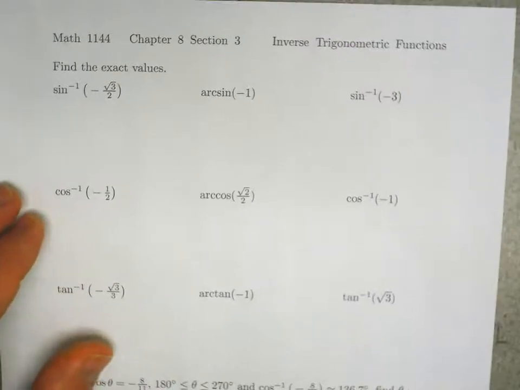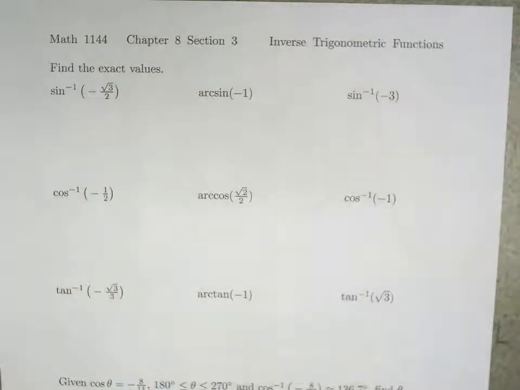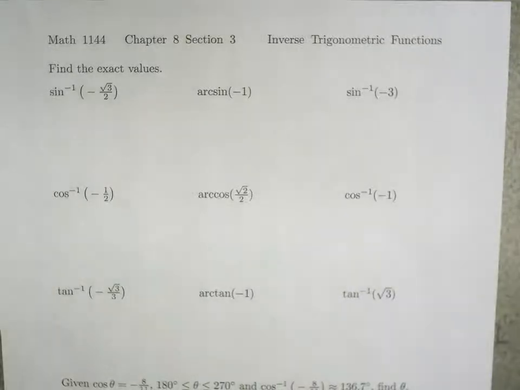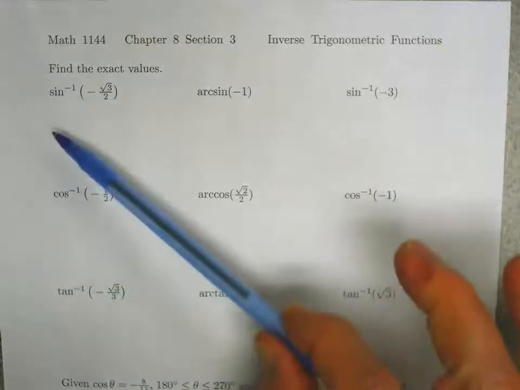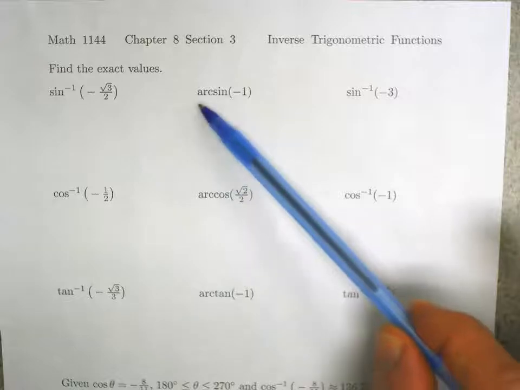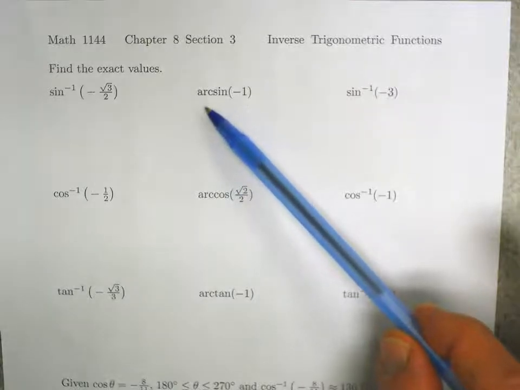Okay, we'll look at some more exercises. Find the exact values. In the first row, we have all inverse sine. Arc sine is just another way to write the inverse sine.